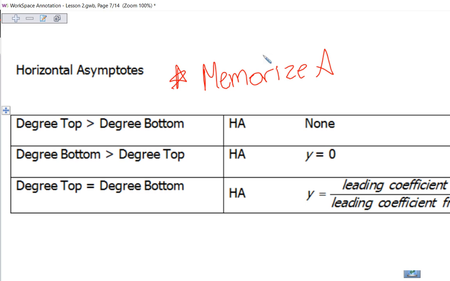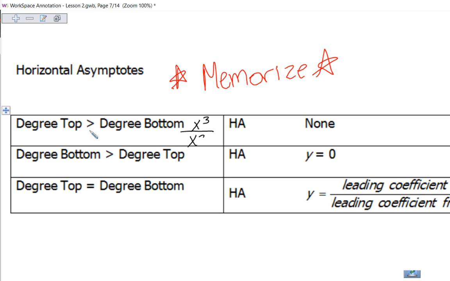So when they're talking about the degree in the top and the degree in the bottom, they're talking about just the power. So what's the highest power in the top of the fraction? What's the highest power in the bottom? So the first rule shows that the degree in the top is bigger than the degree in the bottom. So for an example, if I had x cubed over x squared. When they're talking about the degrees, they're talking about the exponent.